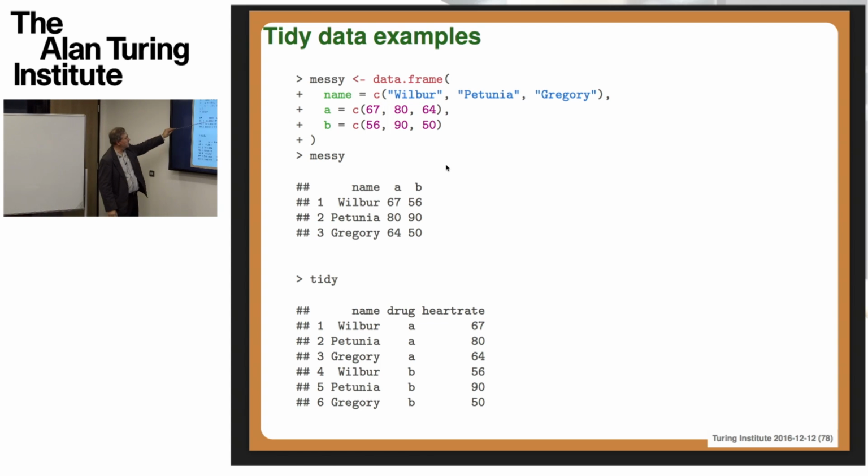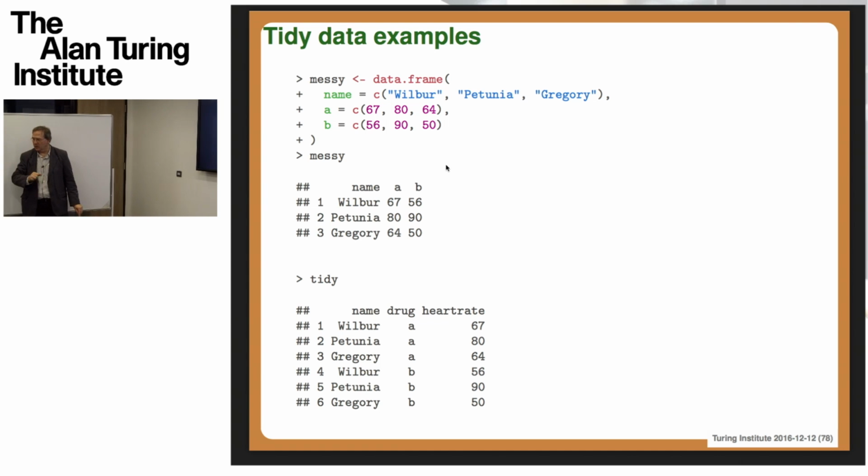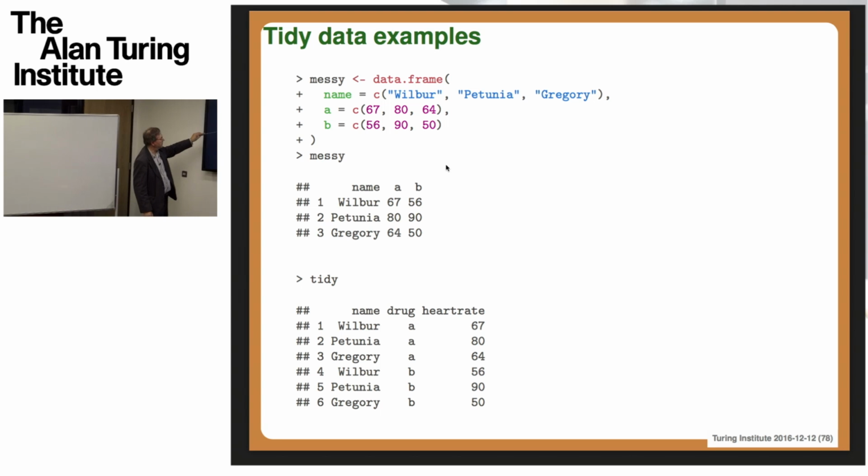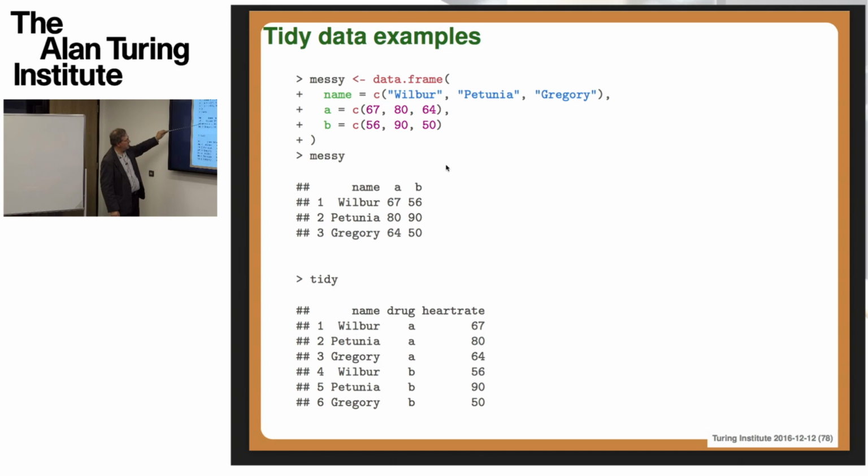Perhaps these are measurements of heart rate according to those individuals, whether or not they had treatment, say, A or treatment, say, B. So all the variables and all the observations are kind of muddled up, as shown in this messy data frame. But a tidy version of the same data would instead structure it as follows.